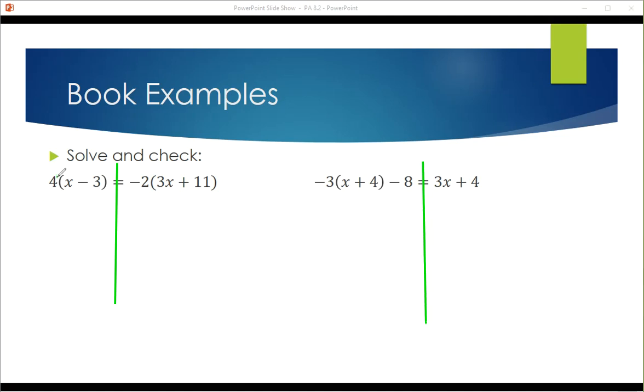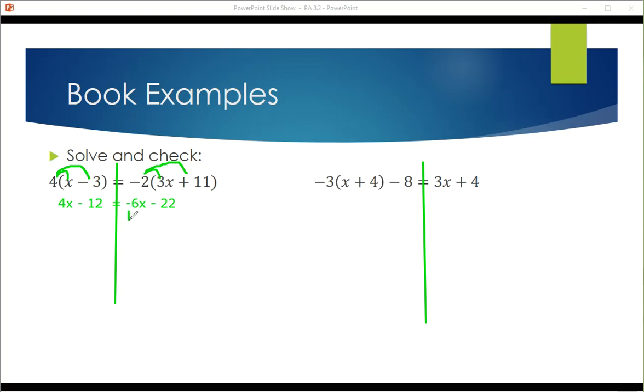So on the one on the left, I'm going to distribute the 4. On the side on the right, I'm going to distribute a negative 2. So it would say 4x minus 12 equals, then distribute my negative 2, negative 6x minus 22.